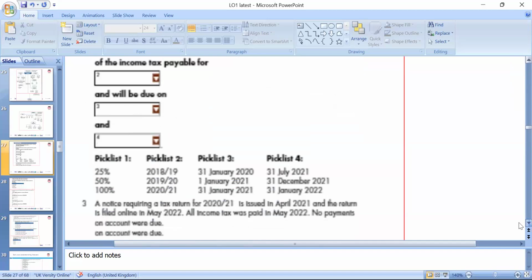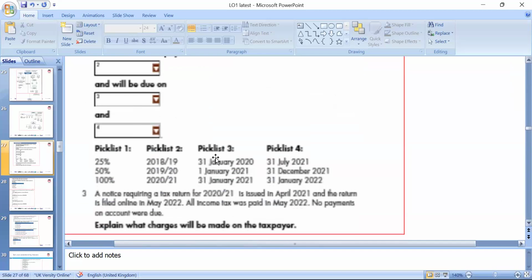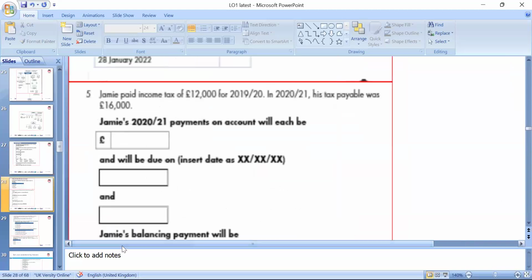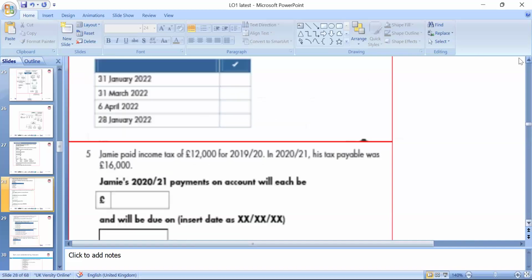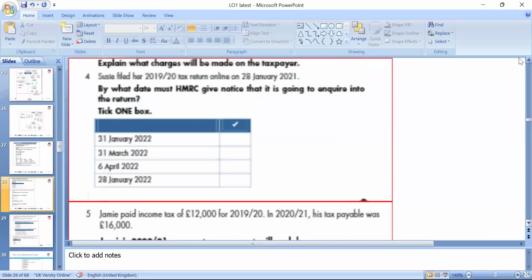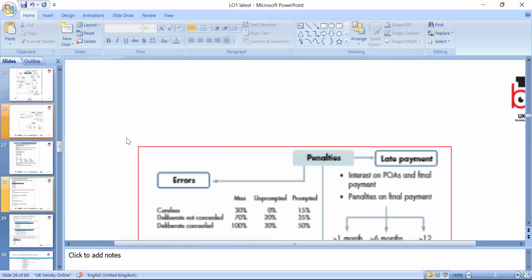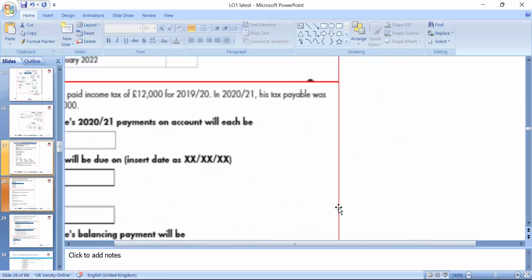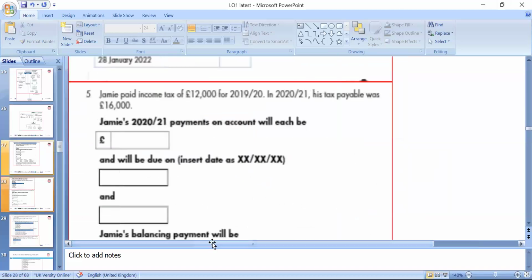That is what we will look at in a minute, and explain the charges and things, so we will go through. Okay, so that's what we have here as an example.